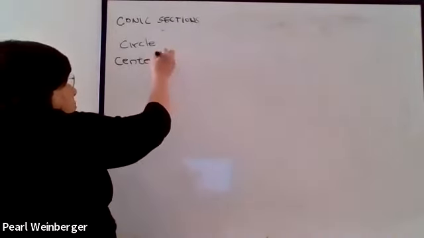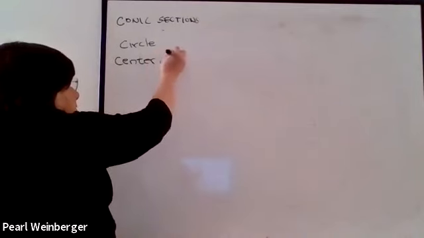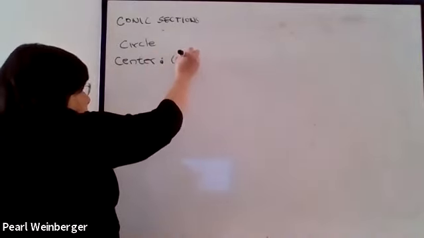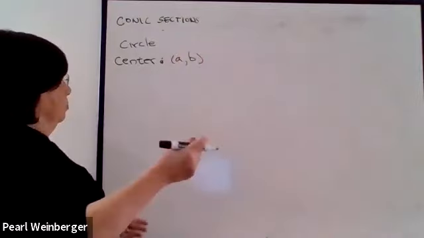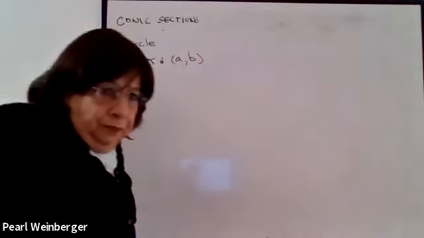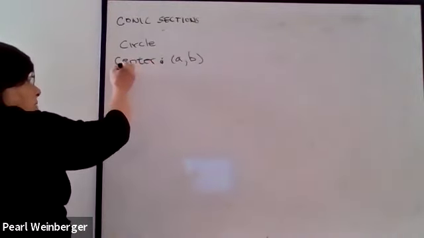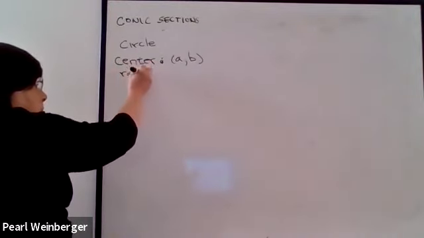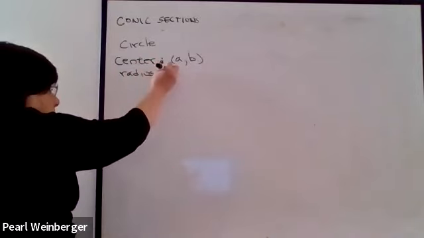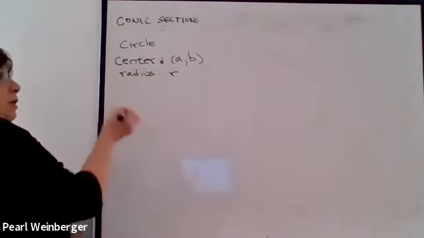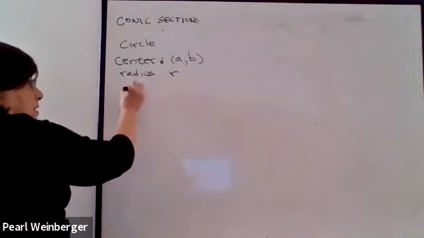Let's say the center is the point A, comma, B. I'll give you specific numbers in a second. And let's say the radius we'll call it R. Then the equation of the circle looks like this.